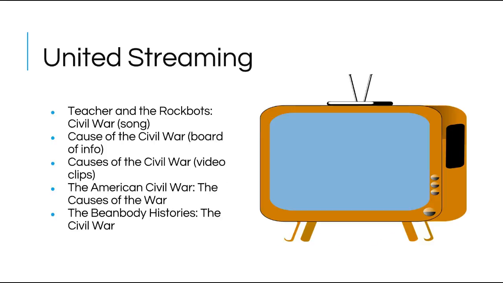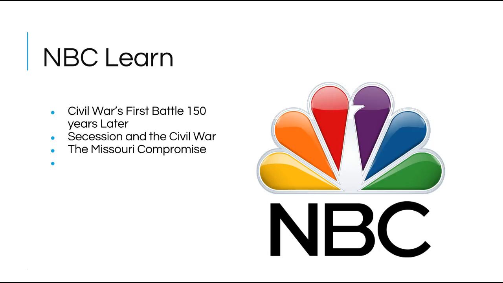United Streaming has some of the resources that I checked out and thought might be helpful to you. If you don't have a United Streaming account, check with your librarian or your digital learning specialist. NBC Learn has these videos, and remember, NBC Learn is accessible through your Pearson account.